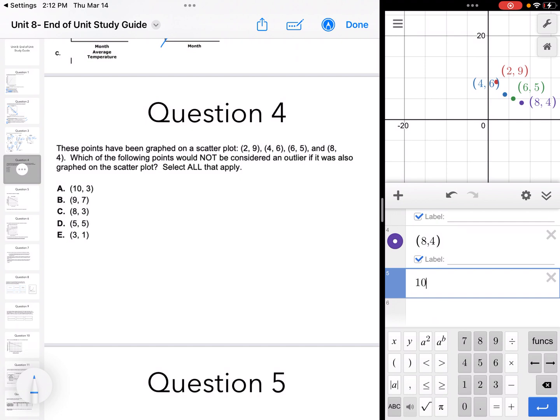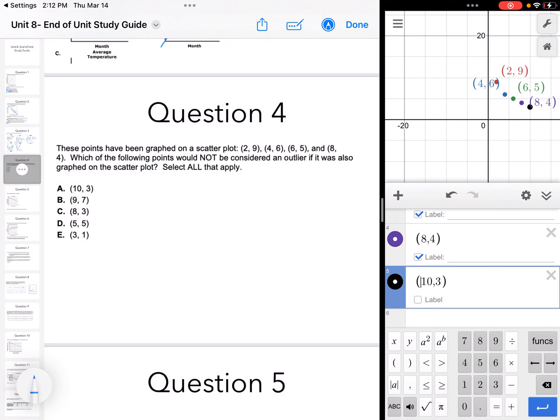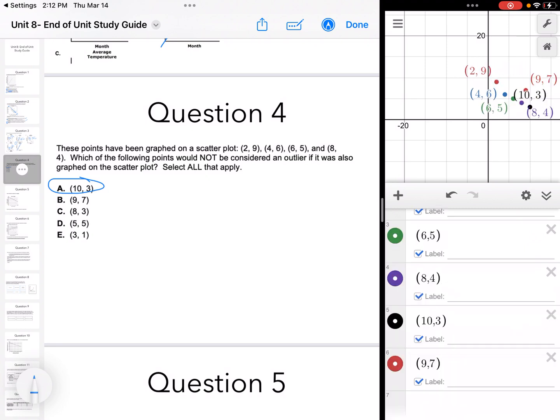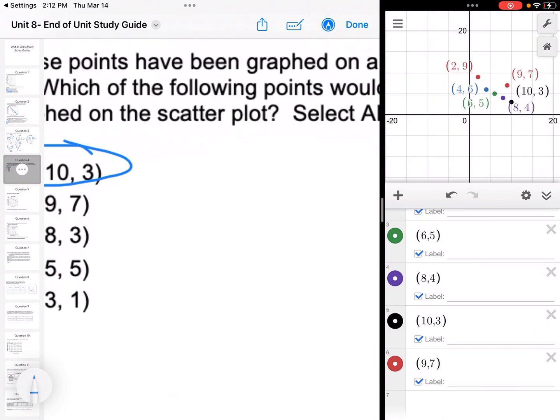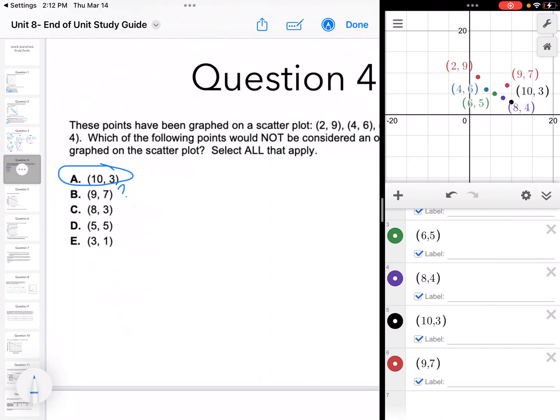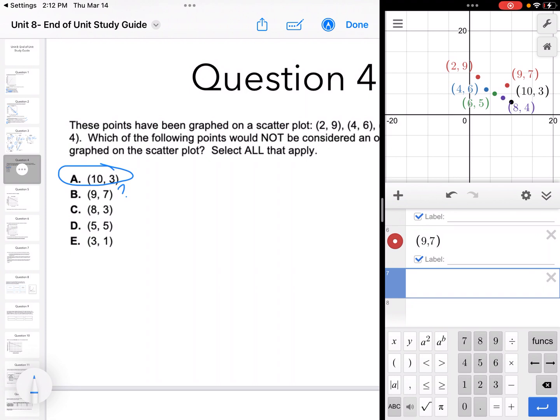Okay, so 10, 3. Well, 10, 3 would not be considered an outlier. 9, 7. Well, 9, 7 kind of moves over to the side a little bit, so I'm going to put 9, 7 as a question mark. 8, 3.